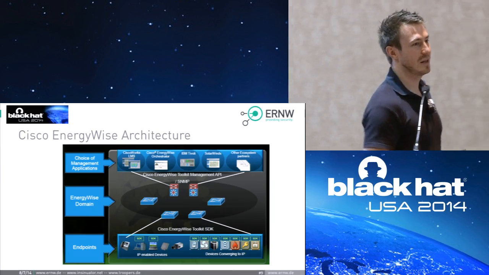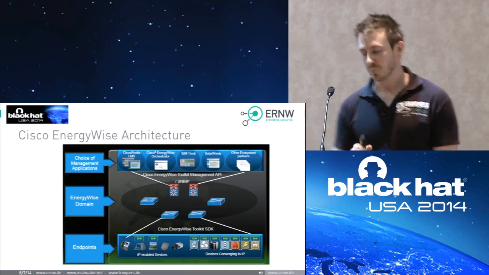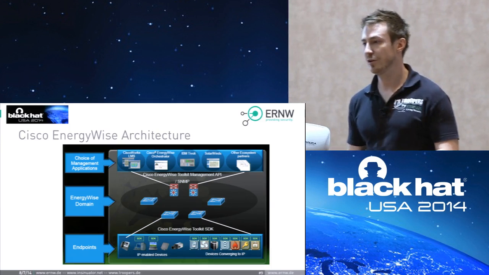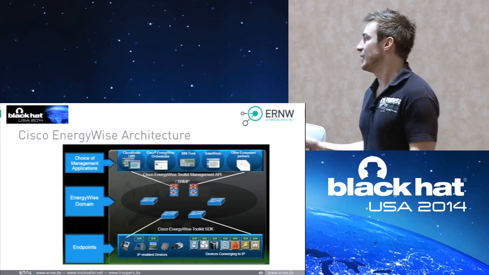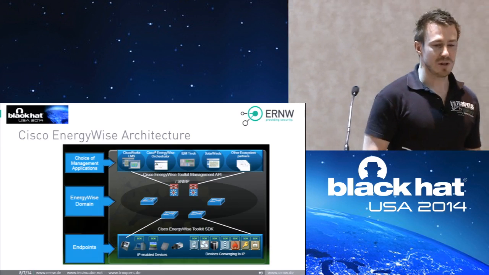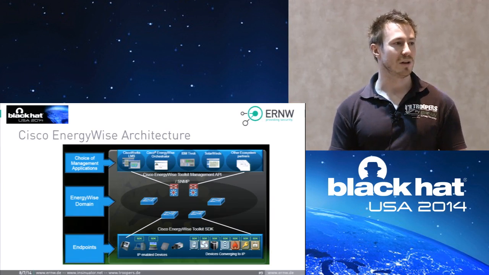Those are the devices that are managed by EnergyWise. Then we have the EnergyWise domain, which consists of network devices which are responsible for forwarding queries. And then we have the management application, or applications, depending on your setup. These are the management applications that monitor your power usage and allow you to set power levels on devices.